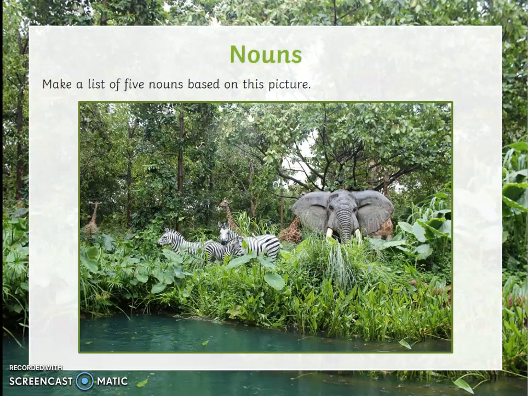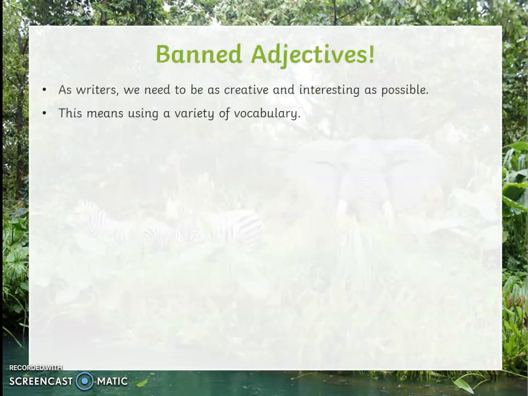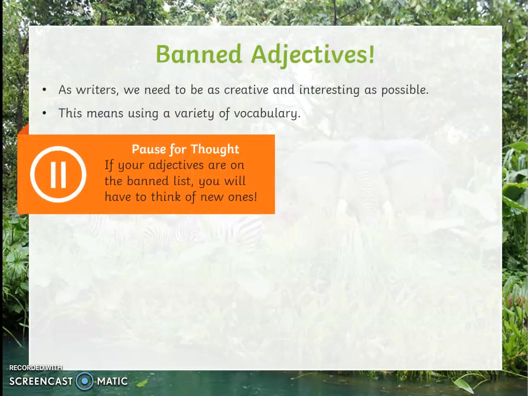As I told you, first hunt for nouns, and then once you find your nouns, you describe them using adjectives. Now, as writers, we need to be as creative and interesting as possible. So this means, as I told you before in our success criteria, that we use a wider vocabulary. If your adjectives are on the banned list, you will have to think of new ones.